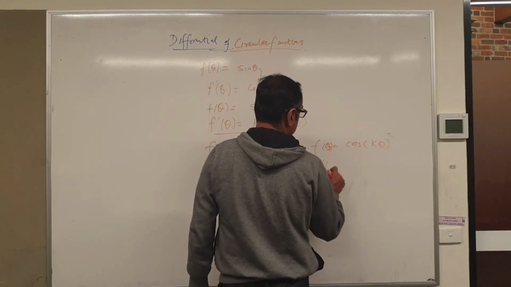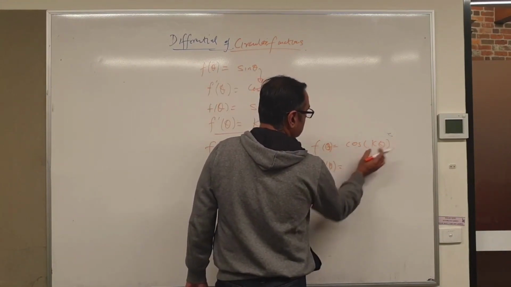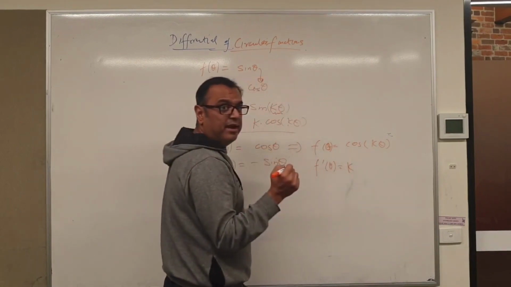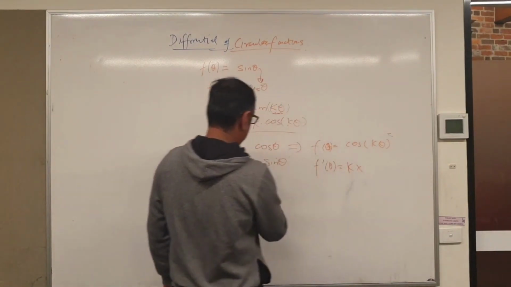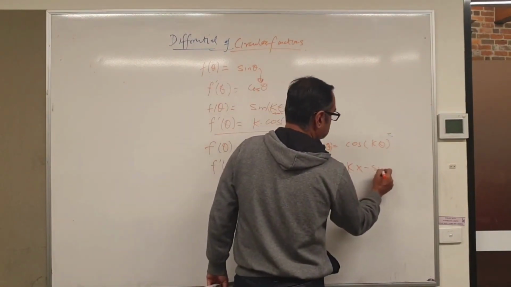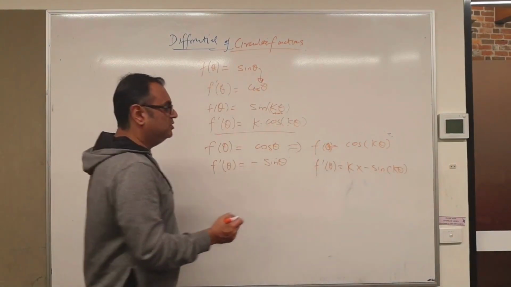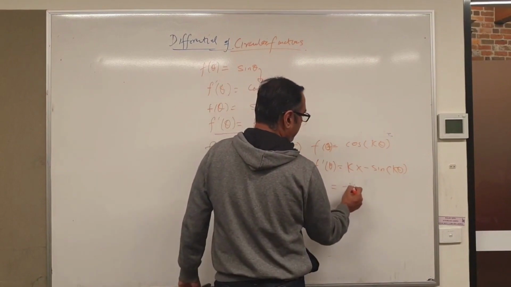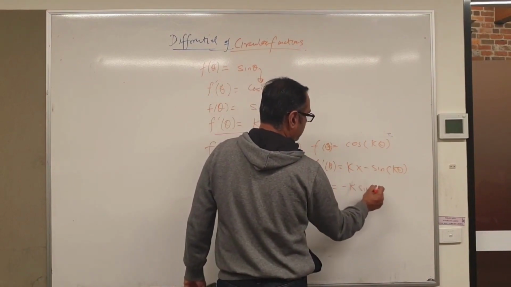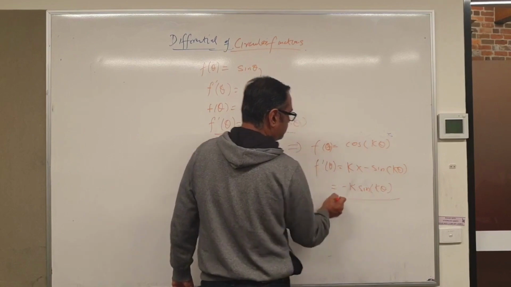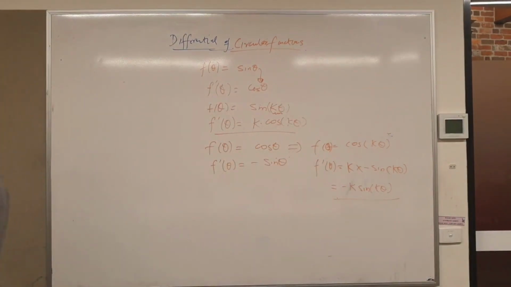F dash theta is k times minus sine and the stuff inside, k theta, which is minus k sine k theta. Remember, does that make sense? Yeah. All right.